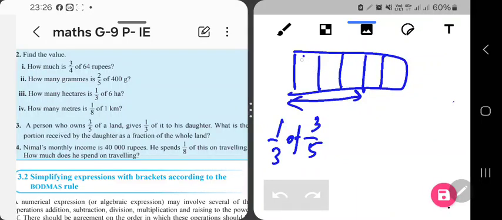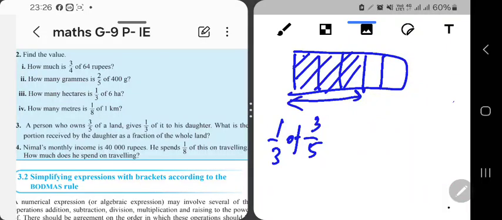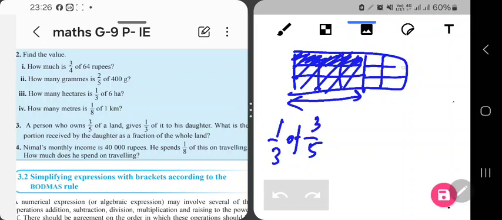Which means, just like the previous calculation, if I divide this into 3 sections, he is just giving one of them. So you have to find equal sections. Then you find 15 squares in all, and out of those 15 he is only giving 3.